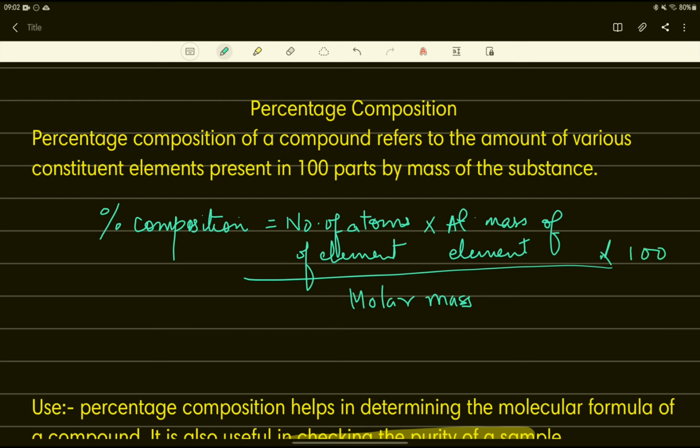So this is how you are going to calculate percentage composition. It is very easy.